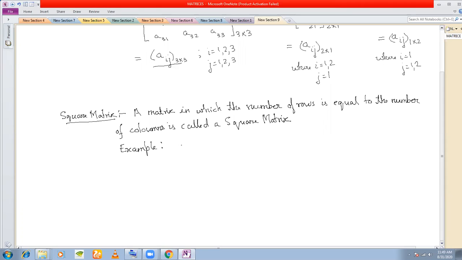Example of a square matrix can be, this is a square matrix of order 2.